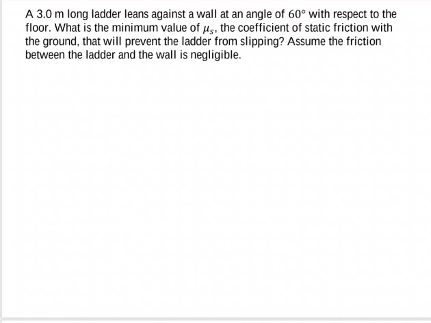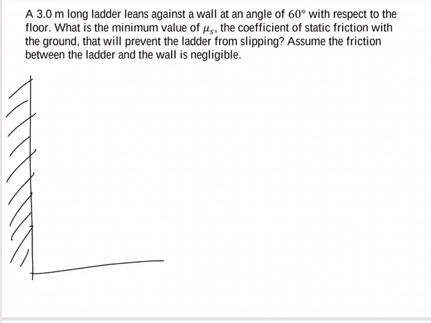So we can draw a picture of this. We have the wall, and we have the floor. Drawing a huge picture for no reason at all. And then we have the ladder, and it's making a 60-degree angle.